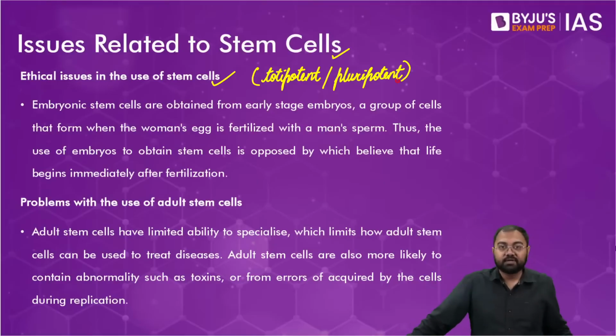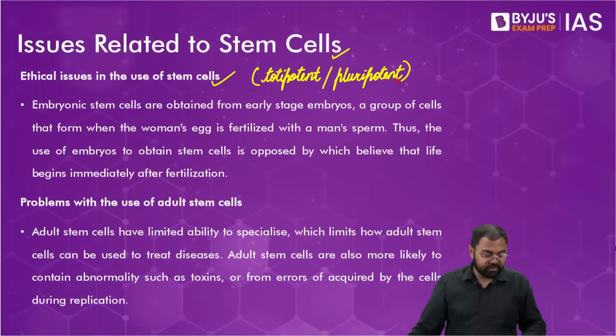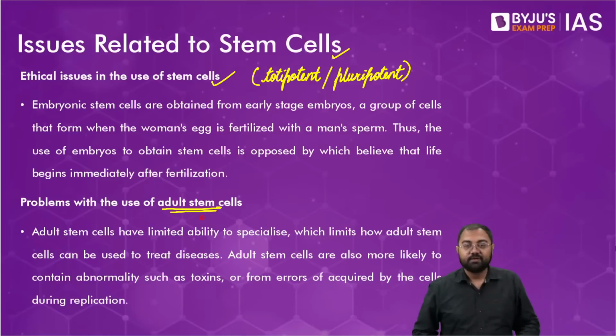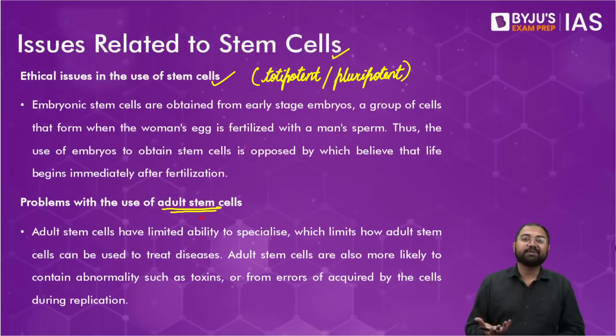What if tomorrow commercialization of embryos starts, just because it will sell well in the market, because research has to happen on embryos? These are possible scenarios which we need to be aware of, and hence there are all these ethical issues with regards to stem cells, especially the totipotent or the pluripotent cells. The other side of the story is the use of adult stem cells, where we see that they have a limited ability to specialize.